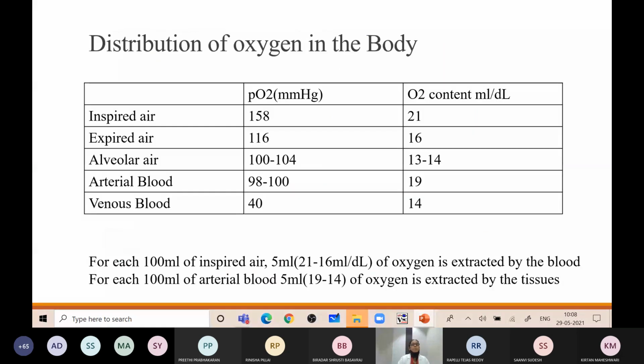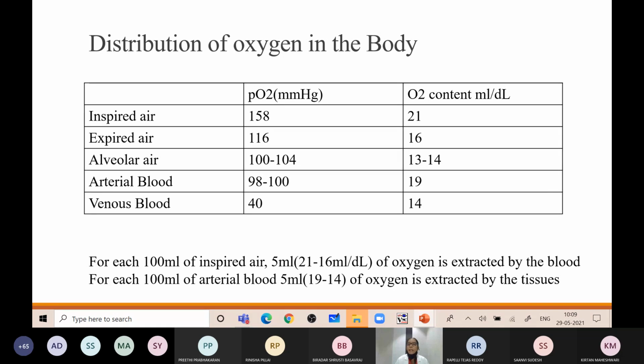Now, coming on to the distribution of oxygen in the body. What is the partial pressure of oxygen in different parts? In inspired air, partial pressure of oxygen is 158 mm of Hg, and the oxygen content of the inspired air is 21 ml per 100 ml.